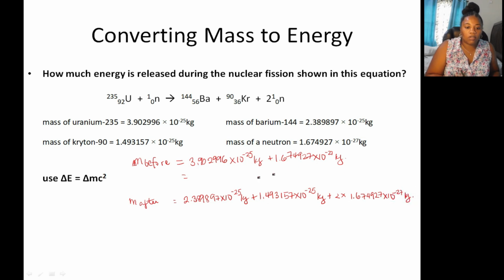And see, they're already in kilograms, so we could do the calculation now, and we don't have to convert to kilograms. For my calculator, 3.902996 times 10 to the negative 25.